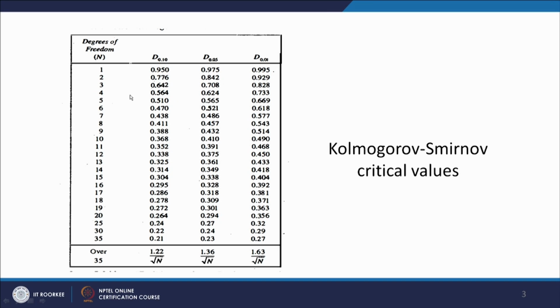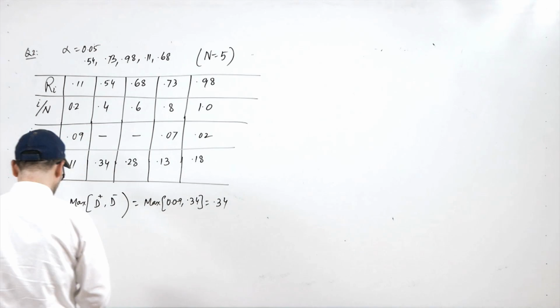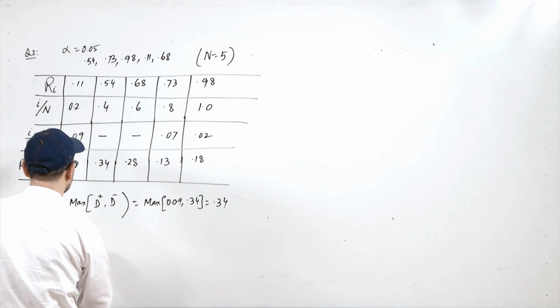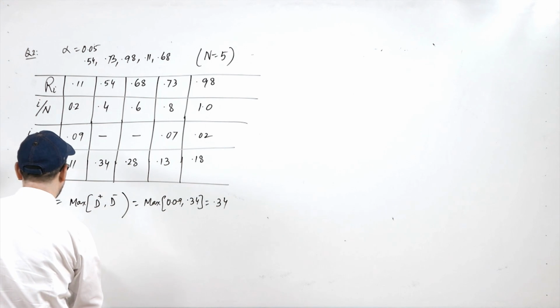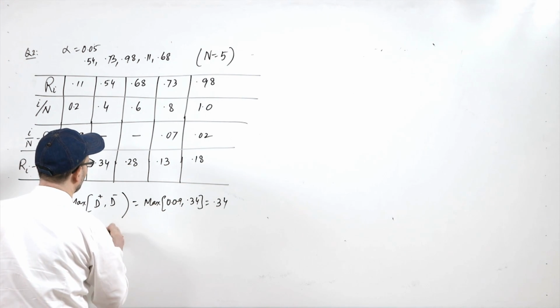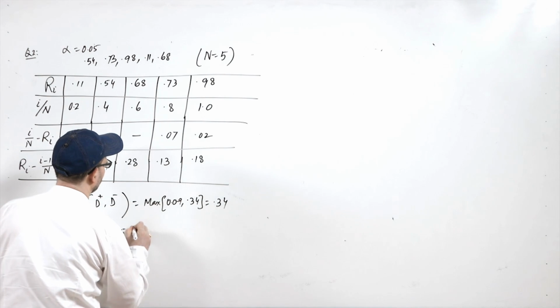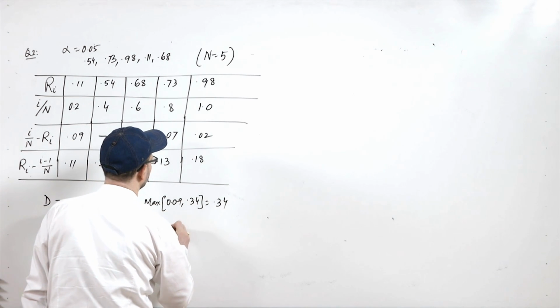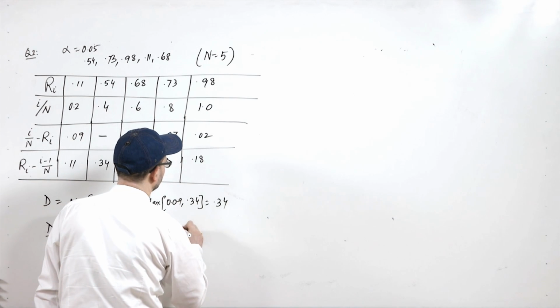For alpha as 0.05 and n as 5, D alpha is given as 0.565 in the Kolmogorov-Smirnov table.